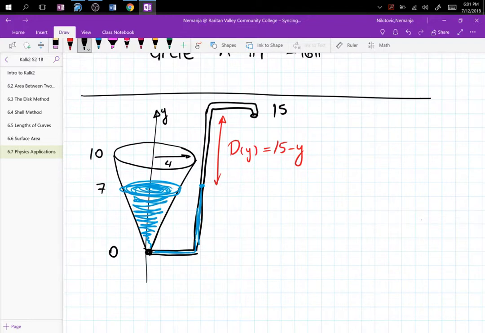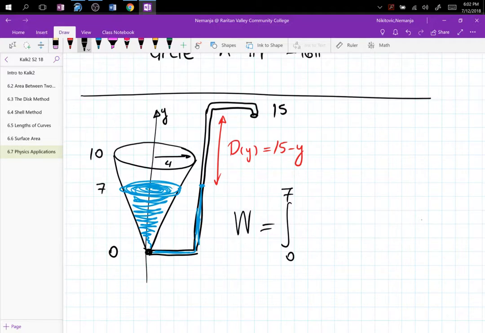And we can also immediately set up the rest of the integral. We are draining the entire cone, so we want to drain everything from 0 to 7. Maybe you just want to drain the top 2 feet. Then it's 5 to 7. Are we clear on that? If I want to drain everything and the whole thing is full, it's 0 to 10.